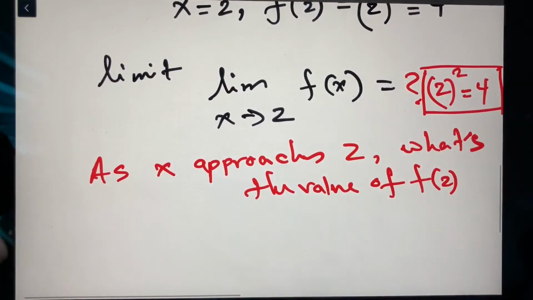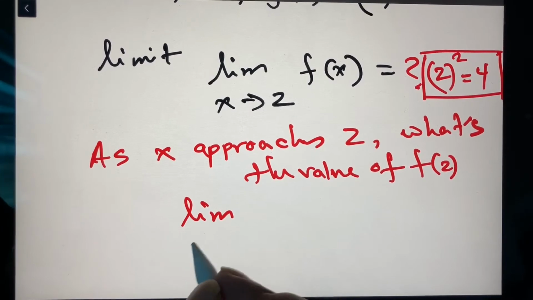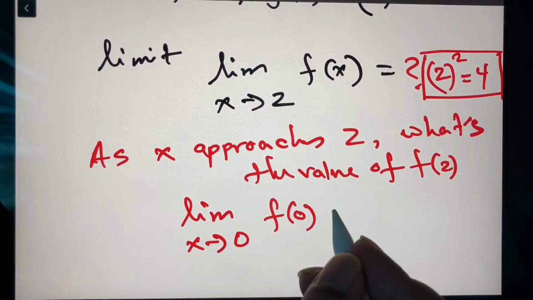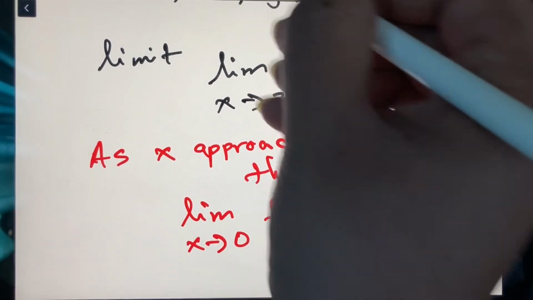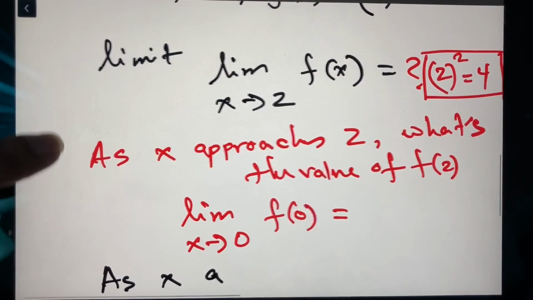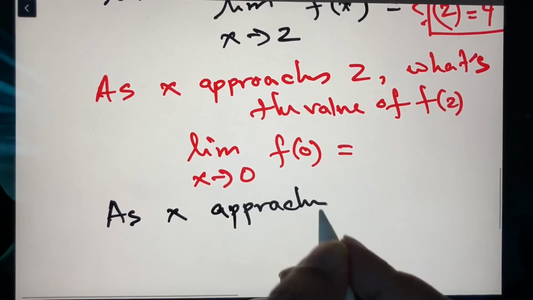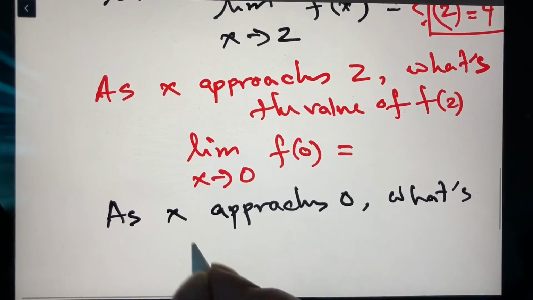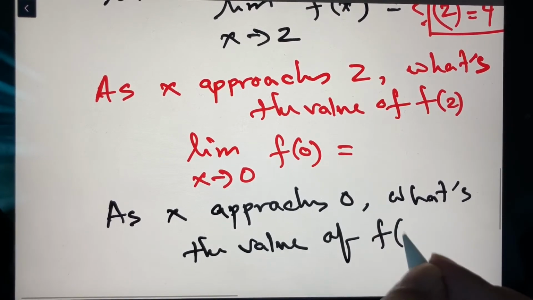Let's say we're dealing with the same function. What would happen if we had limit x approaches 0, f of 0, okay? Then again, what does it say? It says as x approaches zero, what's the value of f of 0?